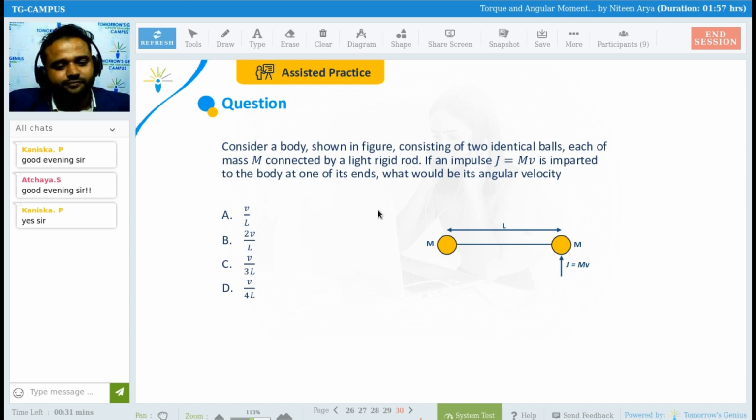Tell me the answer. Initial angular momentum of the system about O is linear momentum into the perpendicular distance, and final angular momentum of the system about O is I1 omega plus I2 omega. Oh my goodness. And then you need to tell me omega.